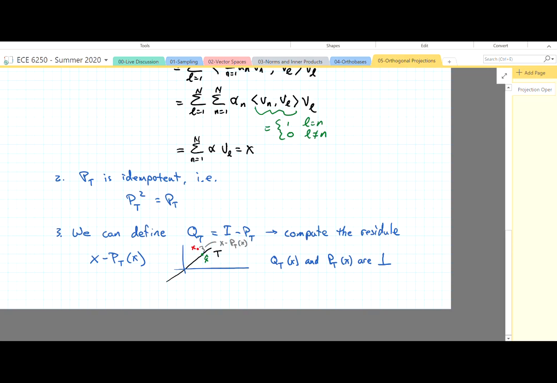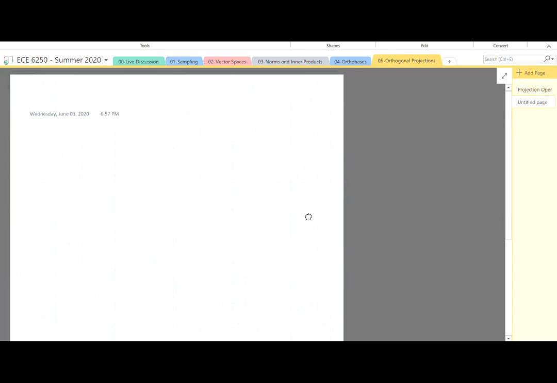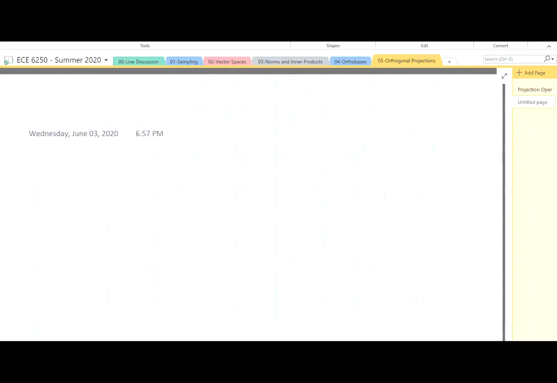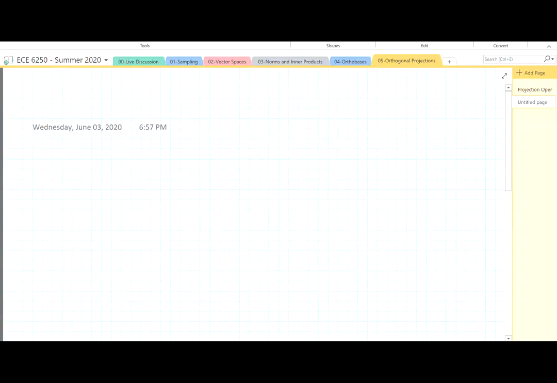Well, you would have to validate that the inner product of x minus Pt x with the projection of x onto T was equal to 0. And you could go through and do that on your own. It's a good way to see how. In fact, I recommend pausing now and giving it a shot.